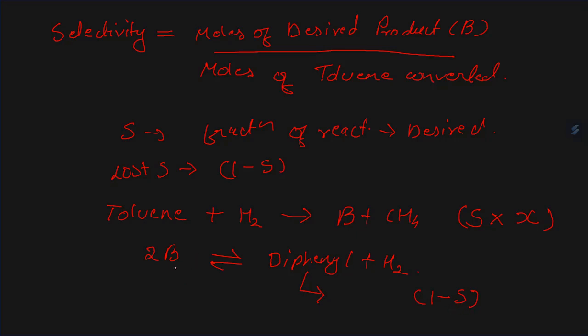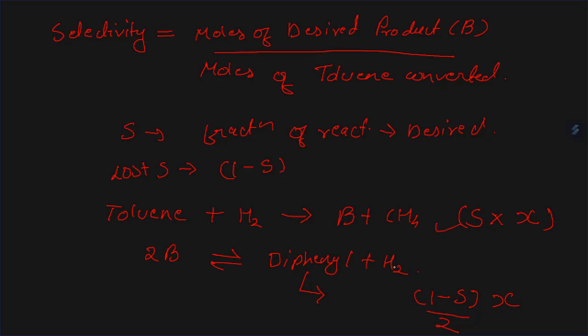But since 2 benzene gives diphenyl, stoichiometrically half of the amount of benzene is formed. So (1 minus S) upon 2 into X is the diphenyl which is formed in the reaction.